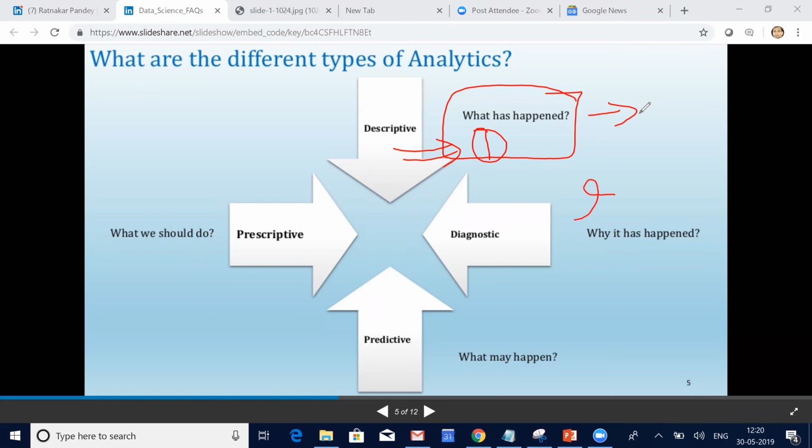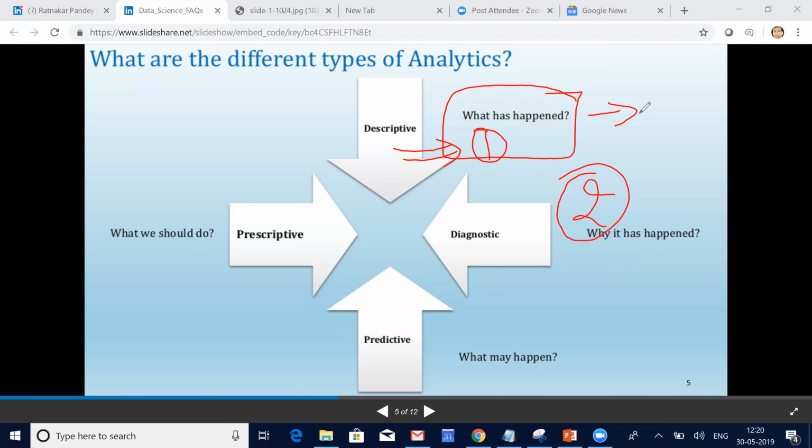Then the second question that you have to answer is why it has happened. Now, this is where you may come out with different hypotheses or possible ways of explaining that, right? Let's go back to the same example of the sales of an e-commerce company going down. So now you may have potential reasons. You may say, okay, I think the sales could have gone down because we did not advertise enough in certain media, right?